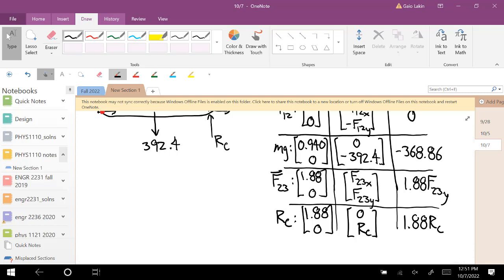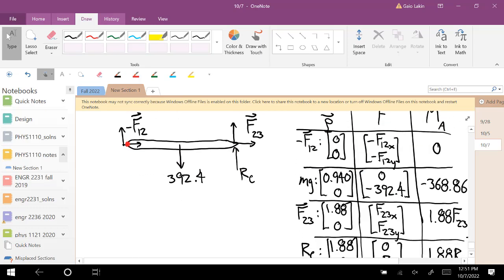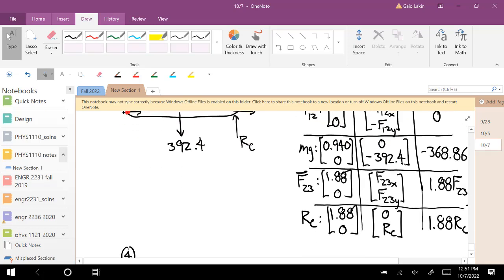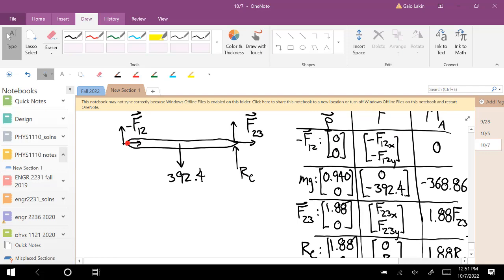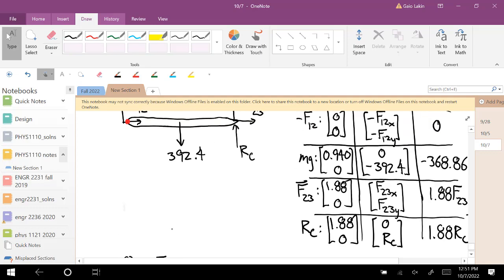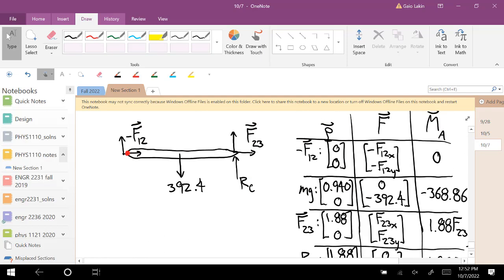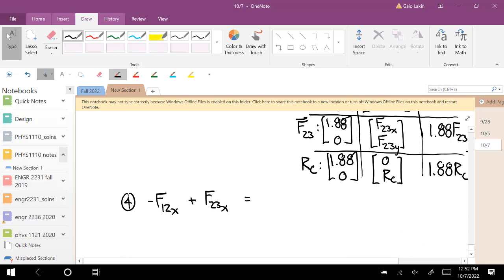We already have 3 equations, so now we're going on to equations 4, 5, and 6. The X equation from Newton's second law says negative F12x plus F23x is equal to 0.